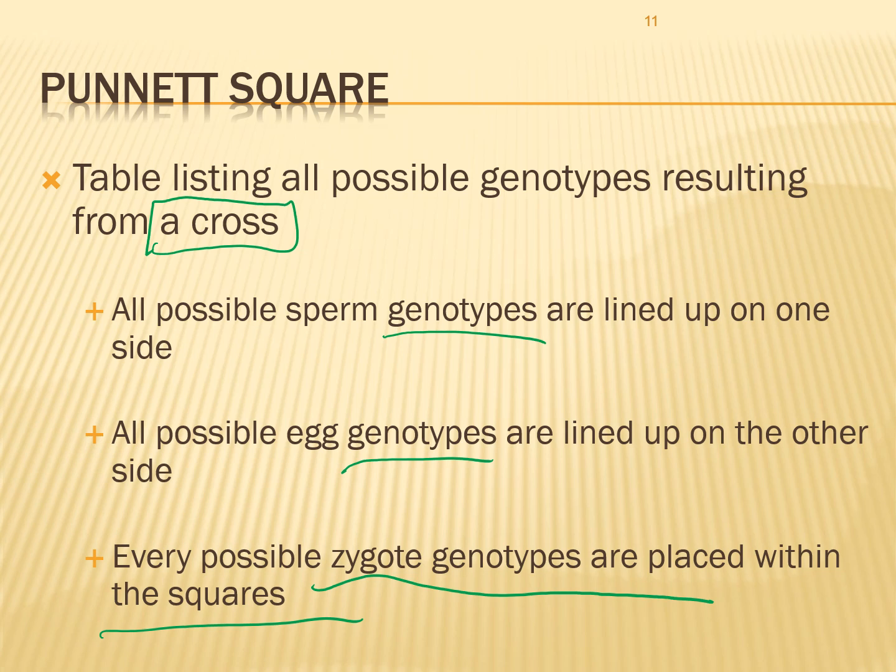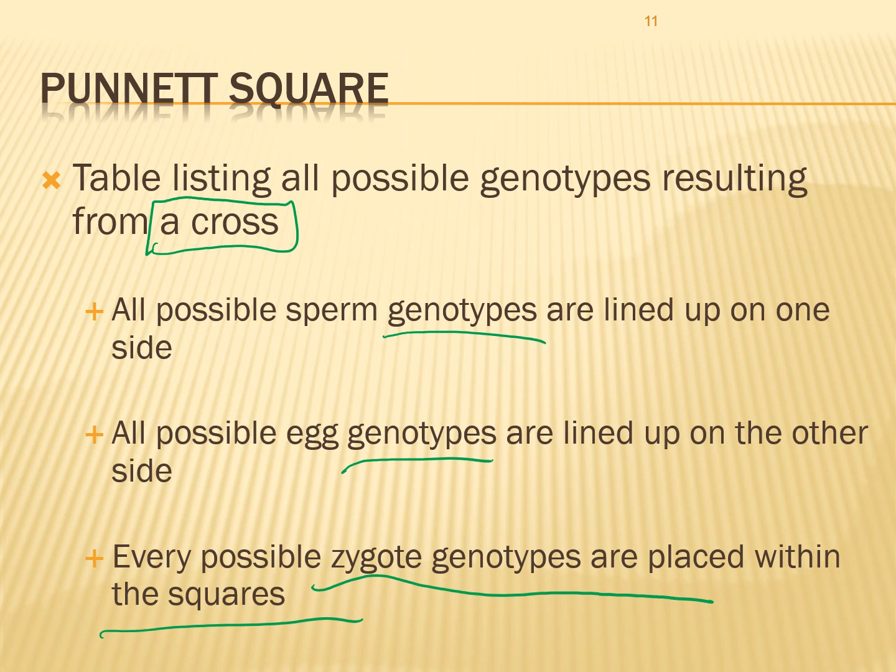So a Punnett square is a way of predicting possible outcomes. Doesn't mean that's the way it has to happen, but it means that that is the likelihood. It's kind of like tossing a coin: you say you have a 50-50 chance of getting heads or tails, but that doesn't mean you can't toss it 4 times in a row and get heads each time.